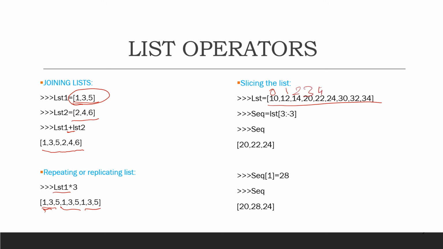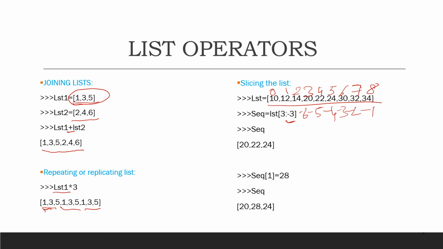Going on, 5, 6, 7, 8, and then minus 1, minus 2, minus 3, minus 4, minus 5, minus 6, and so on until the last. Whenever you do these kinds of sums or run a program, the upper limit should be subtracted by 1. Then only will you get the actual output.